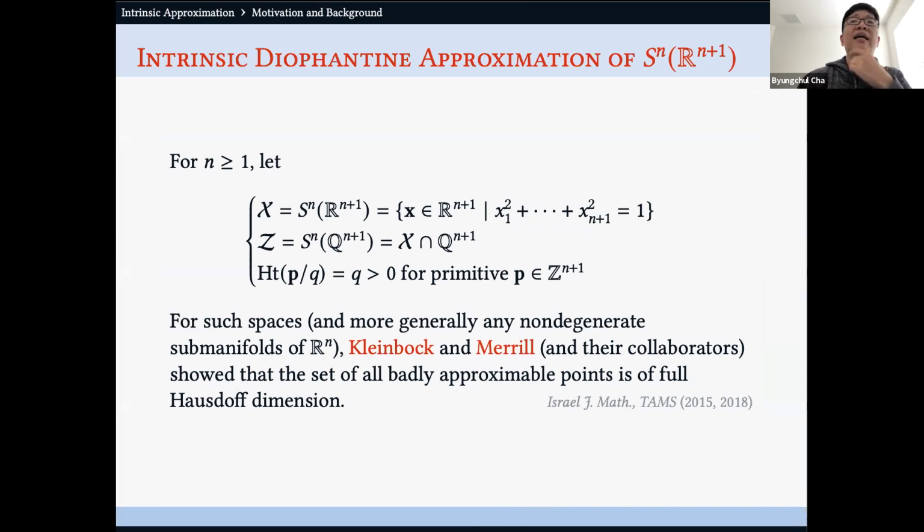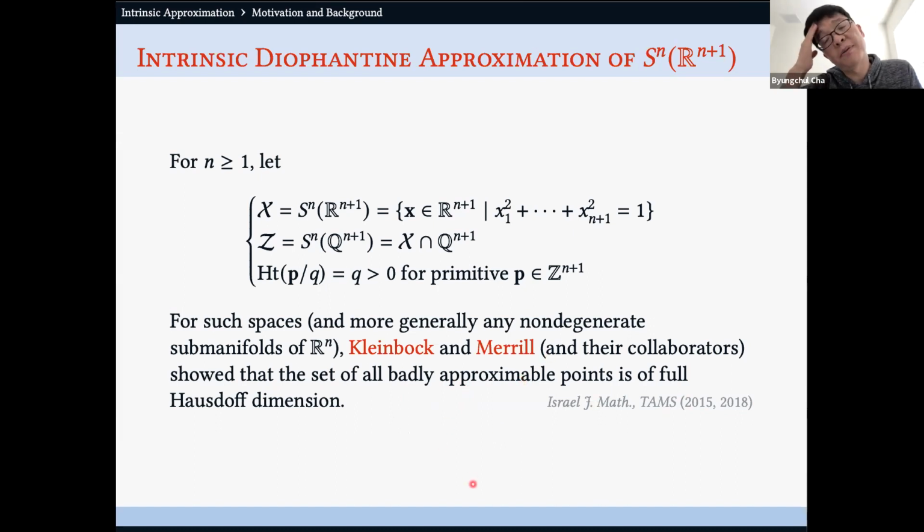So maybe I'm not very well aware of all the existing literature, so I will probably do a bad job conveying all the literature review here. I will say just one thing for this talk, which is intrinsic Diophantine approximation done by Dmitry and Keith Merrill and their collaborators.